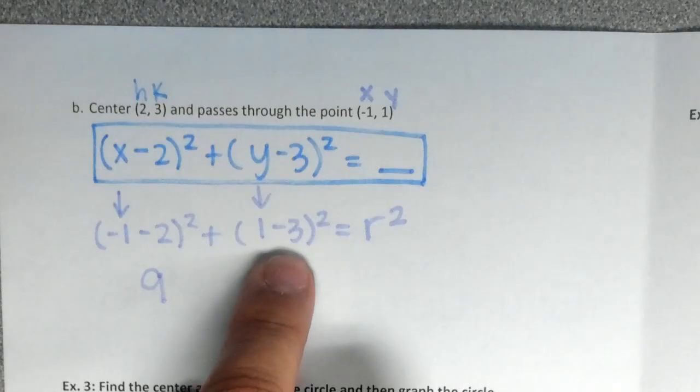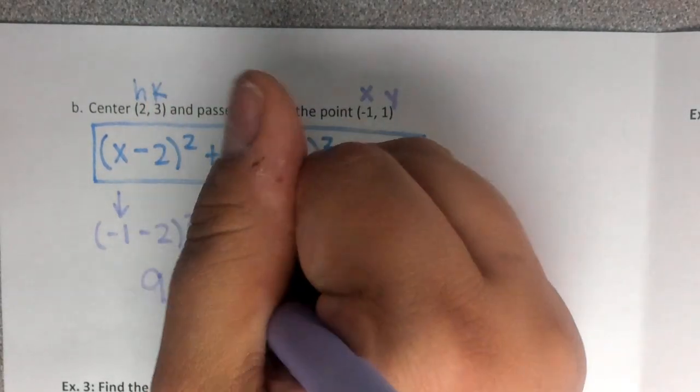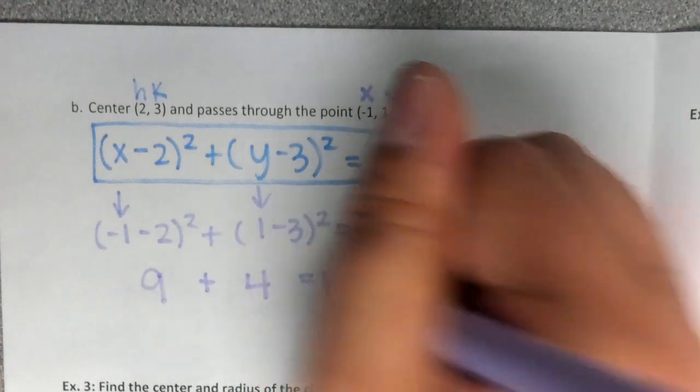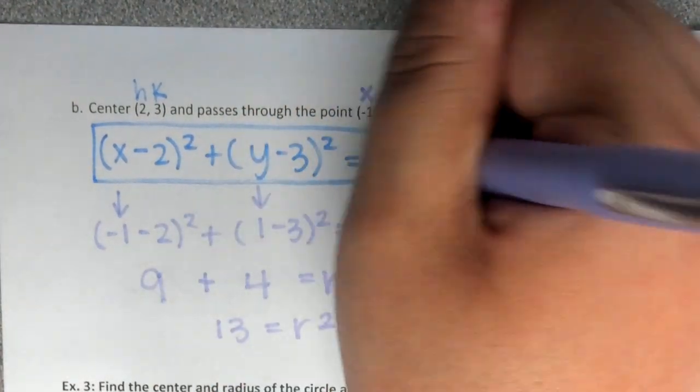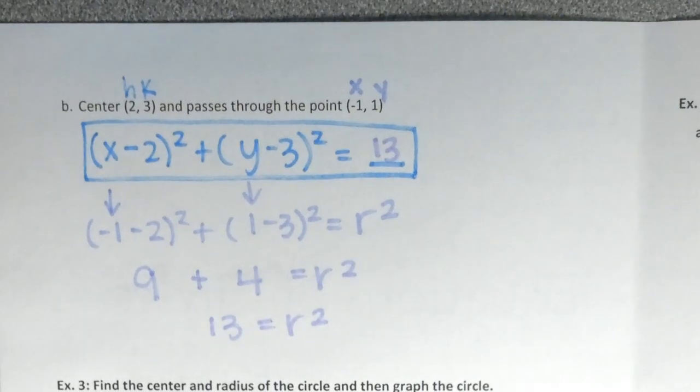What's 1 minus 3? And -2 squared? 4. And what's 9 plus 4? 13 goes in that blank. Again, what questions can I answer?